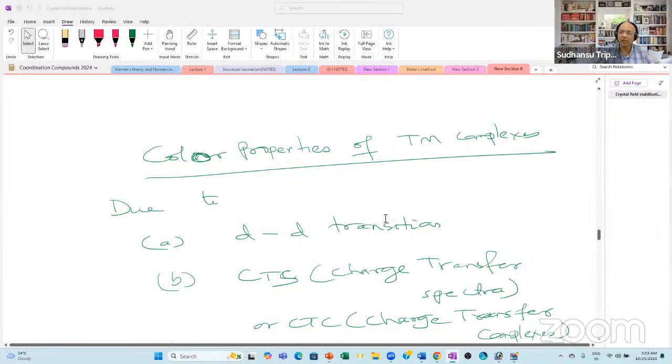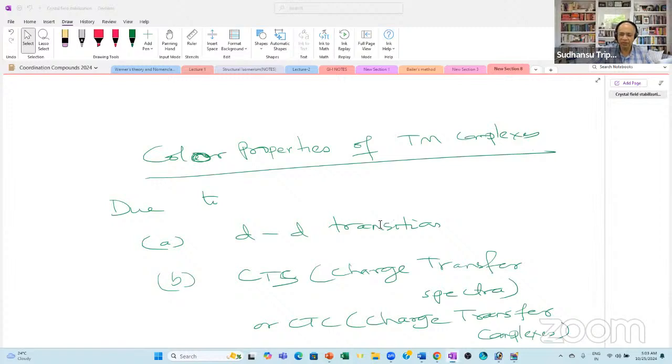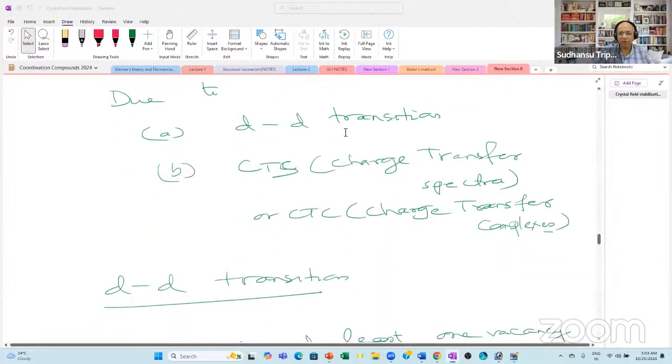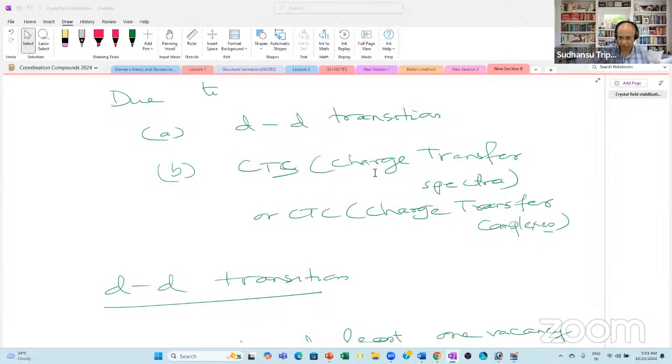Some of them are colorless for some reasons, but many of them are colored. And the color property is due to two possible transitions. One is the DD transition, which is most common and most simple, but this CTS is the most dominant.